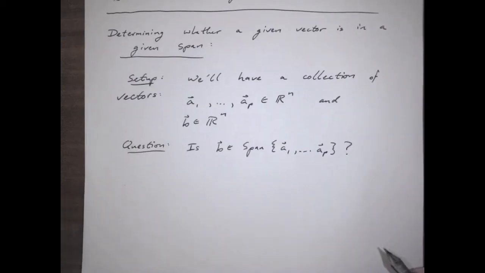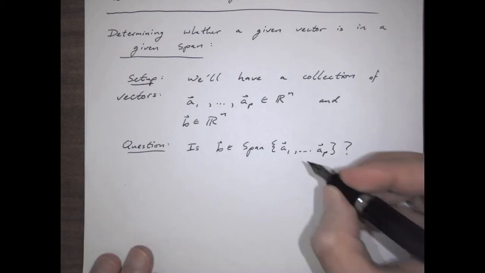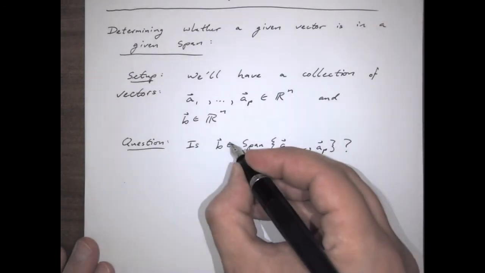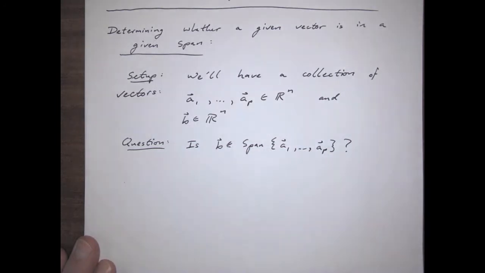Alright, so let's try to figure out what this question would be asking. So it's saying we have a bunch of vectors, we have a different vector. Is this different vector in the span of the first vectors? Now, what that means is, is it a linear combination of those other ones? If it is, then that means there is some collection of weights that we could find that would make it equal that.